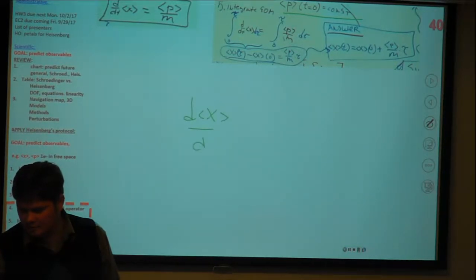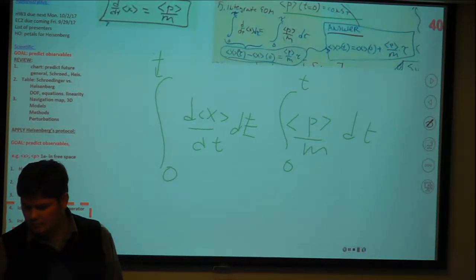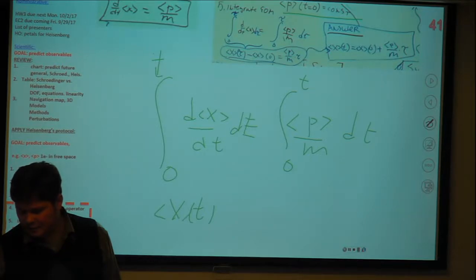So if you have this dx dt, oh, it's all written, for m, and we can integrate left and right part from initial to final time. And then on the left, we will have expectation value at time t minus expectation value at time 0.